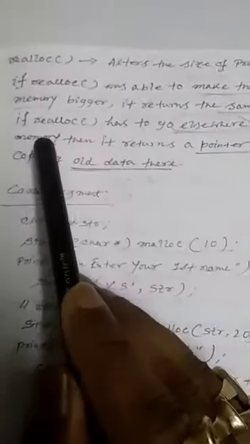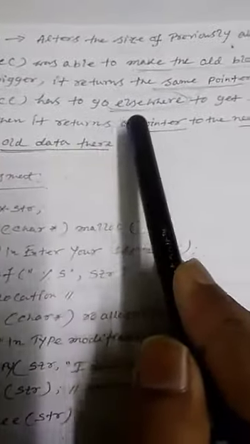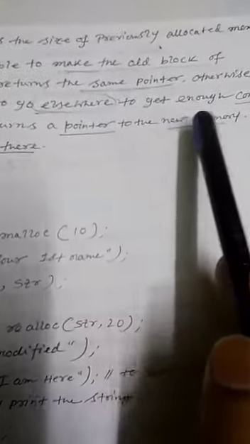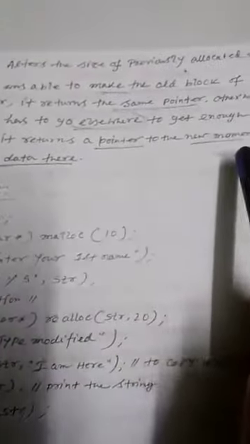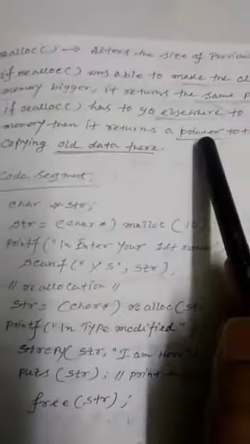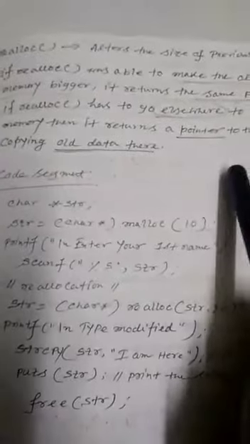Otherwise, if realloc has to go elsewhere to get enough contiguous memory, then it returns a pointer to the new memory after copying the old data there. So if there is available space, okay. If not, it has to search another place for the block of memory.